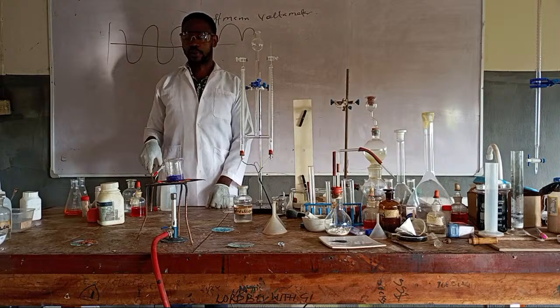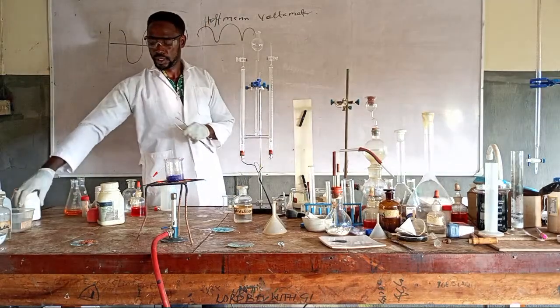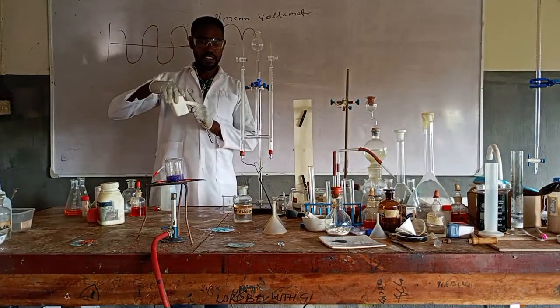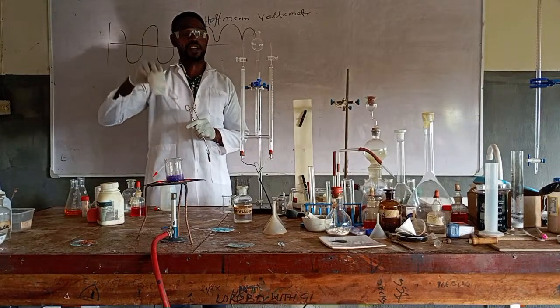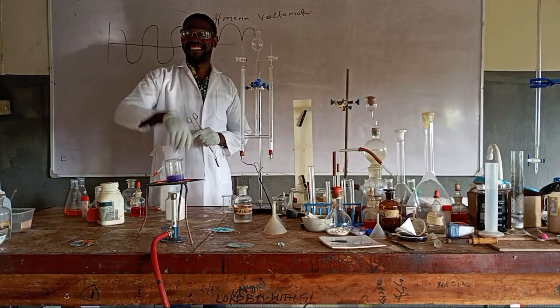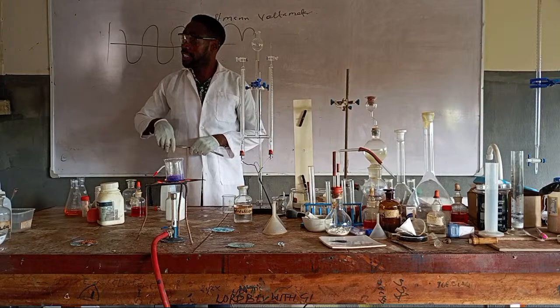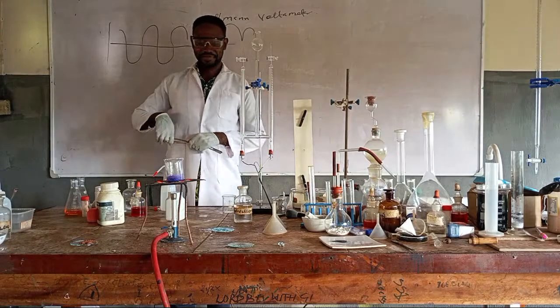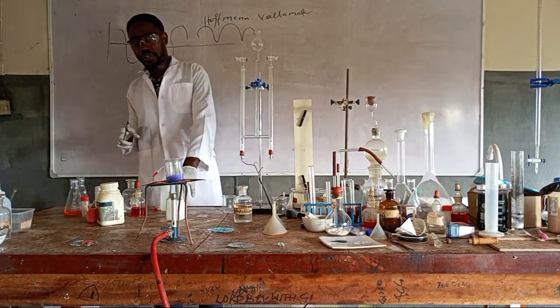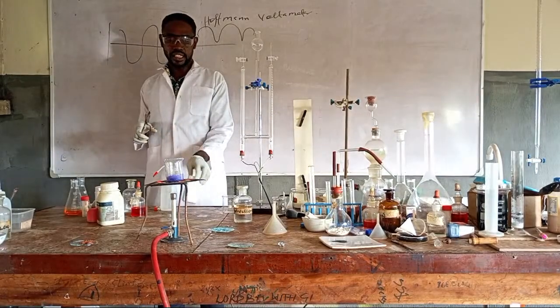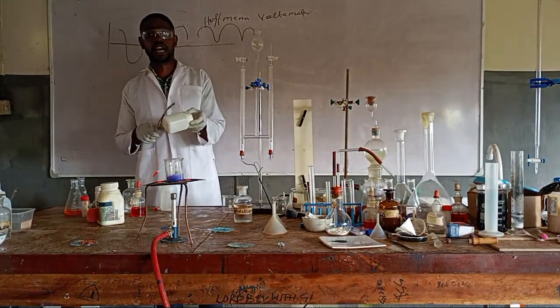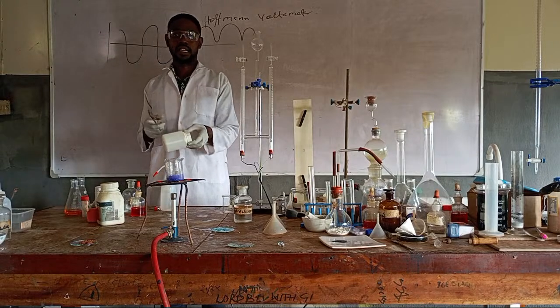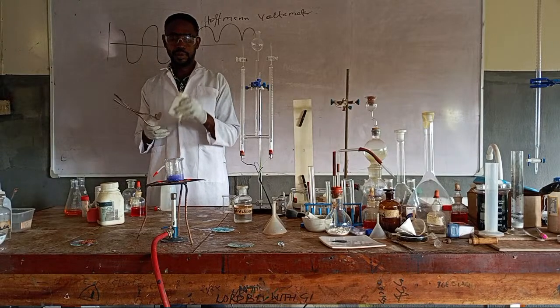Why did I add some calcium chloride into the paper? The paper is inside here. Why did I add that fused calcium chloride? The fused calcium chloride is a drying agent to prevent, in case any water comes, it will attract it faster so that the paper will remain blue for me.